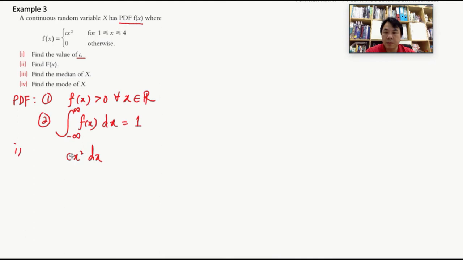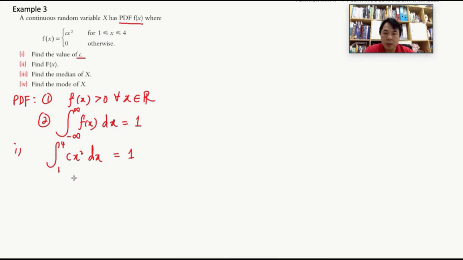Now, even though based on the definition we are trying to integrate from negative infinity to infinity, based on the piecewise function that we are given, the domain only ranges from 1 to 4. So we're going to integrate from 1 to 4, and that should yield an area of 1, because it represents the total probability, which must be equal to 1.